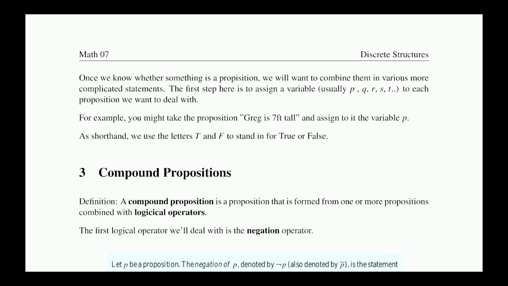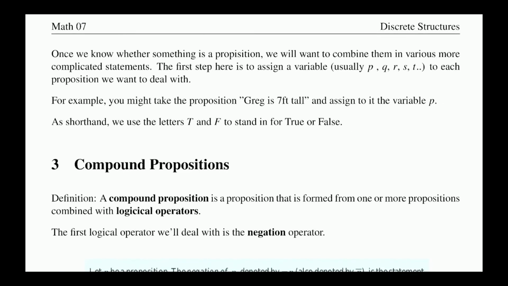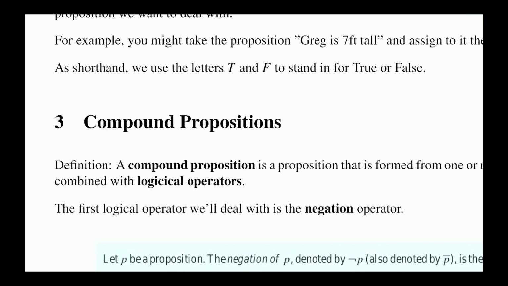Okay. Now, once we know what propositions are, what we're going to want to do is use a shorthand for them. So we're going to assign variable names to them. You see right here, it says usually P, Q, R, S, T. That's what we usually use to call our propositions. Then you can assign a variable to a proposition, and you don't have to write the words.